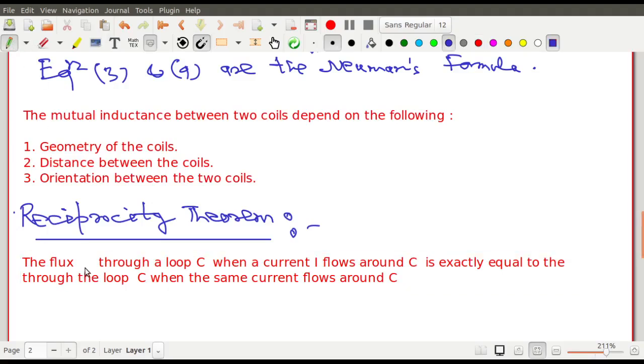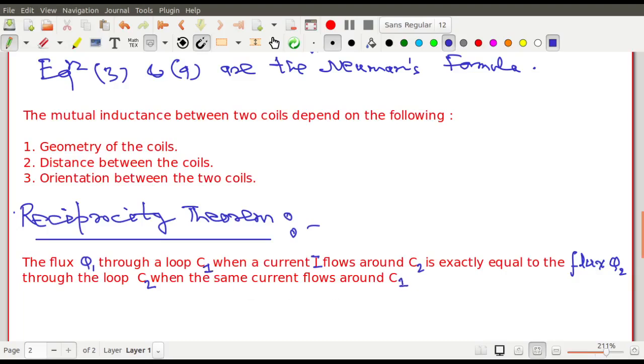The flux phi1 through a loop C1 when a current capital I flows through C2 is exactly equal to the flux phi2 through the loop C2 when the same current flows through C1, right?